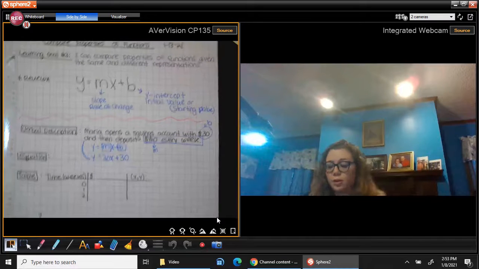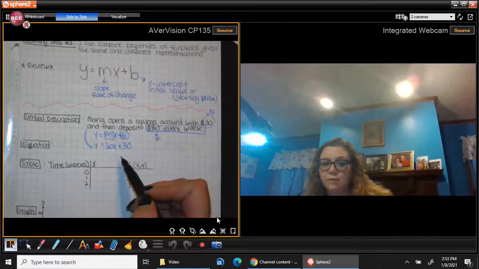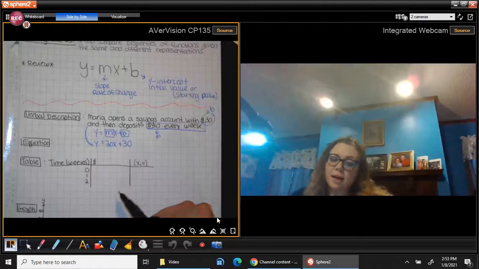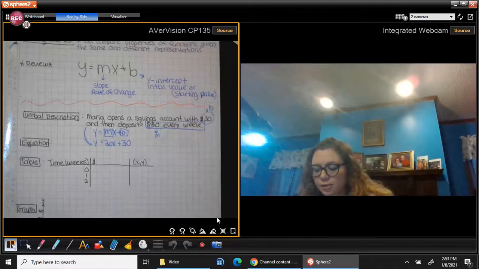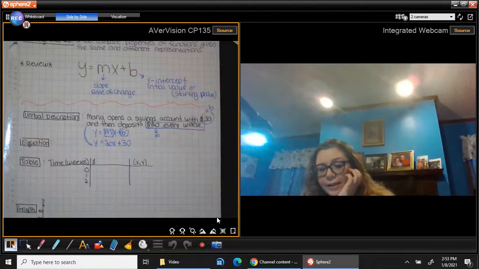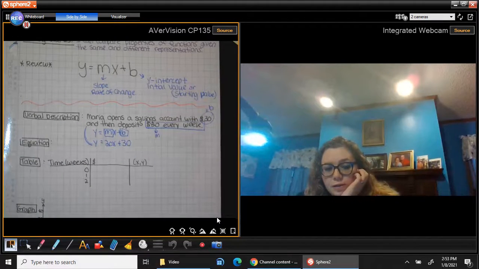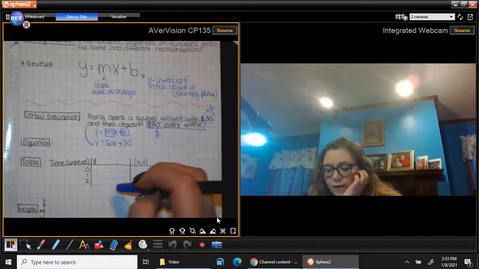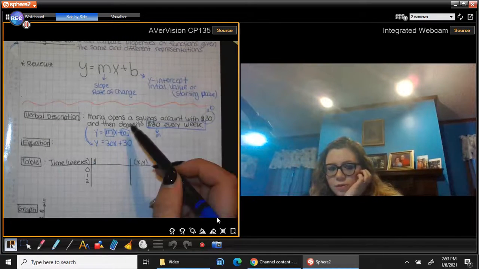So we're going to use this, and we're going to have another representation, and this time it's going to be a table. You might be asking me, how are we going to create a table based on those two things? What do you think? How do you think we can get coordinate pairs, we can get y values based on these two things?